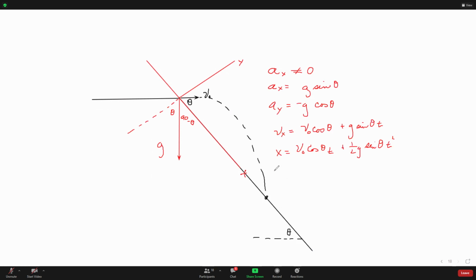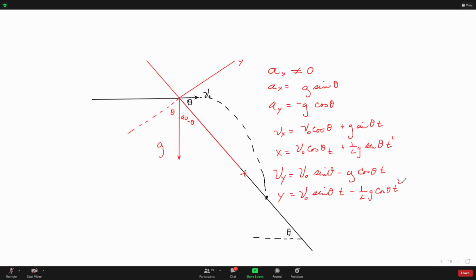And my velocity in the y direction is equal to v0 sine theta minus g cosine theta t. And my y coordinate as a function of time is v0 sine theta t minus 1/2 g cosine theta t squared.